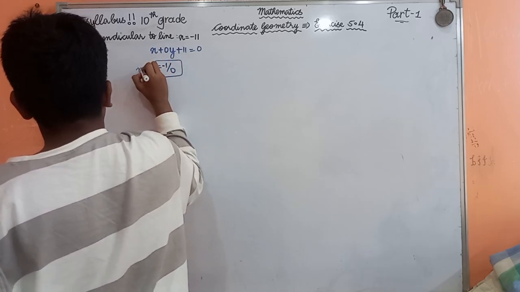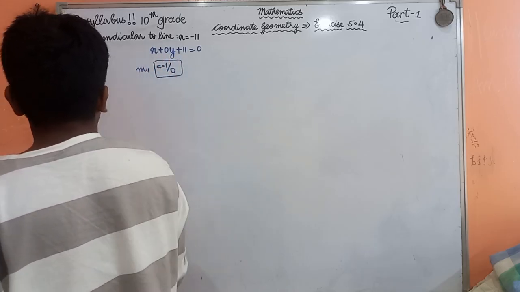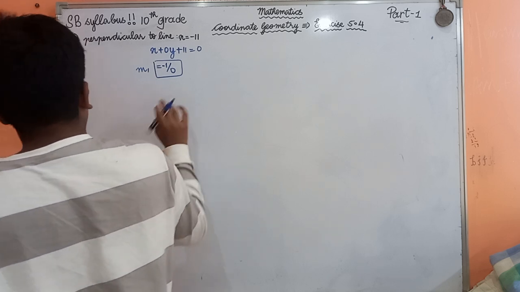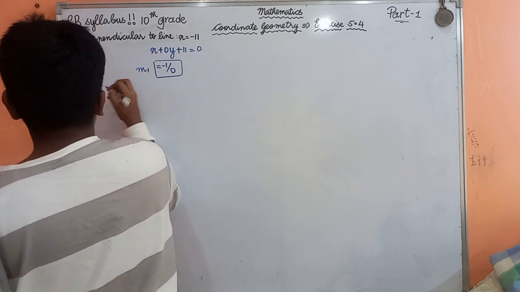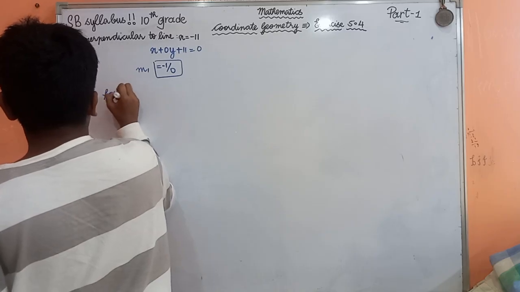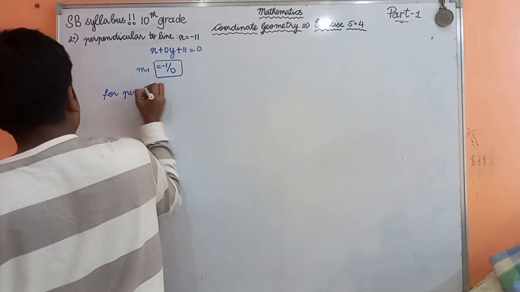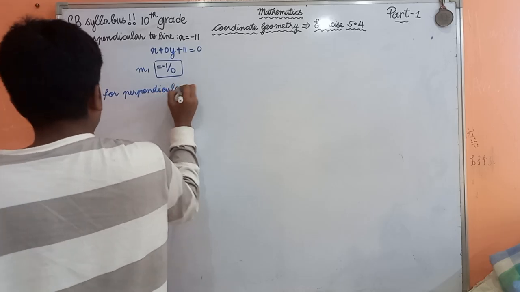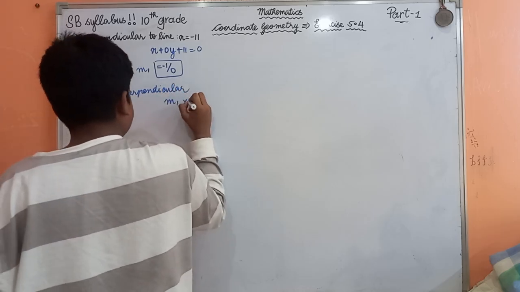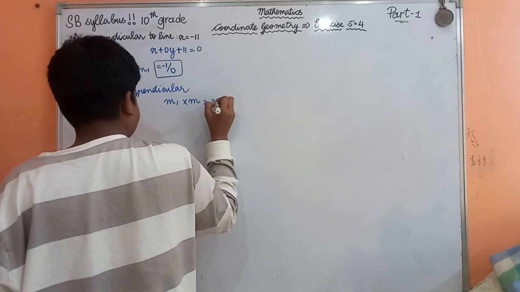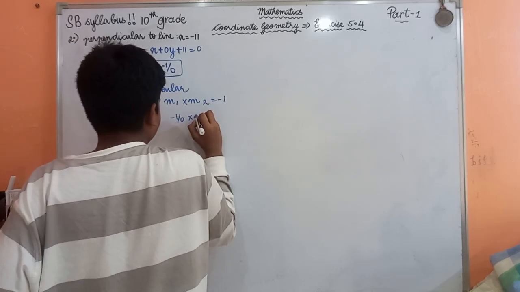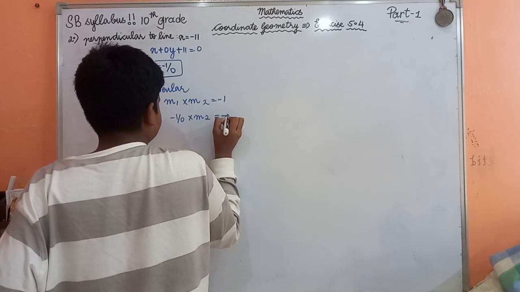So this we can take as m1. Perpendicular is different, so next we have to find m2. For perpendicular lines, the formula is m1 into m2 is equal to minus 1. m1 is equal to minus 1 by 0, into m2 is equal to minus 1.